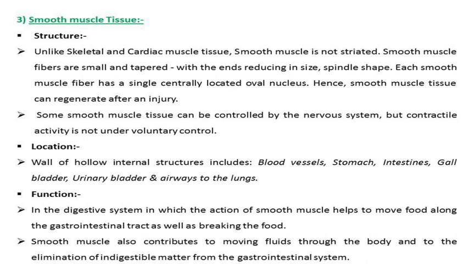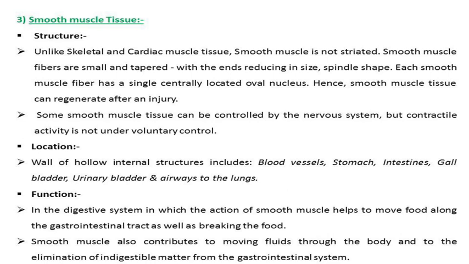Each smooth muscle fiber has a single centrally located oval nucleus. Smooth muscle tissue can regenerate after injury. This is the most important point: smooth muscle tissue can regenerate after injury, while cardiac muscle does not regenerate after injury.